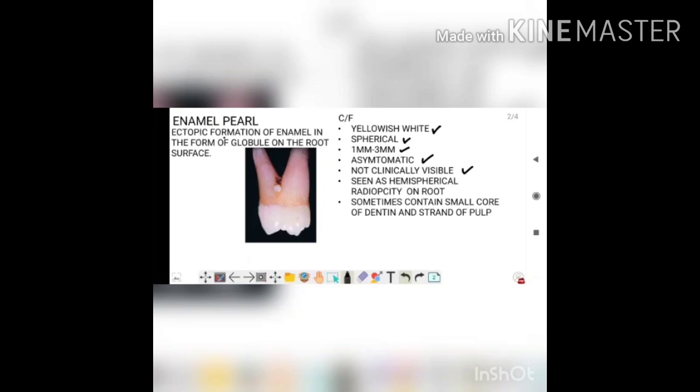Now let's see how it is formed. So what happens during root formation? Some of the Hertwig's epithelial root sheath cells remain on the root.